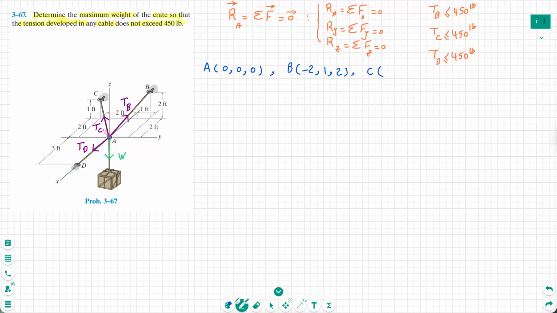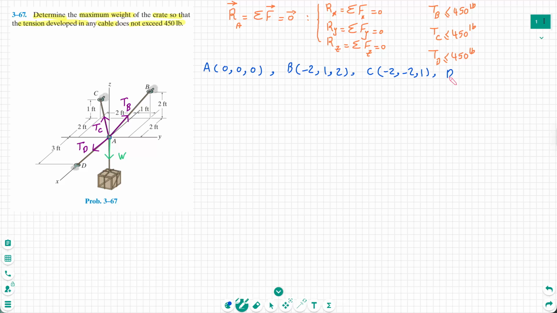The y coordinate of C is in the negative part of the y-axis, so the y coordinate is the same, negative 2, and the z coordinate is positive 1.